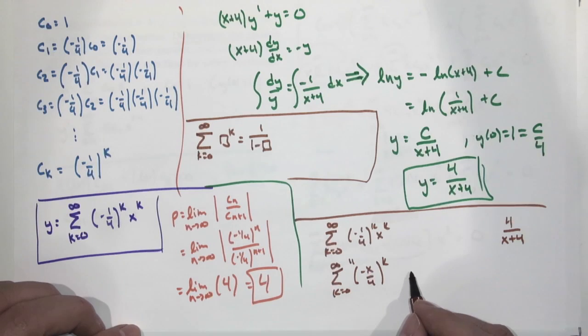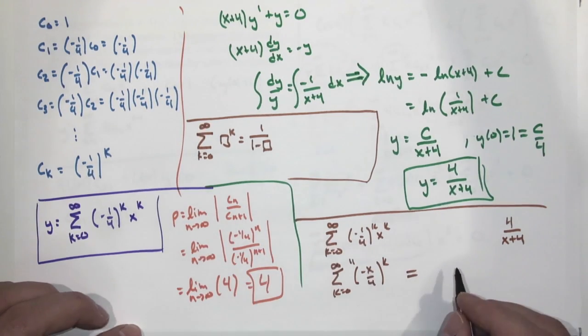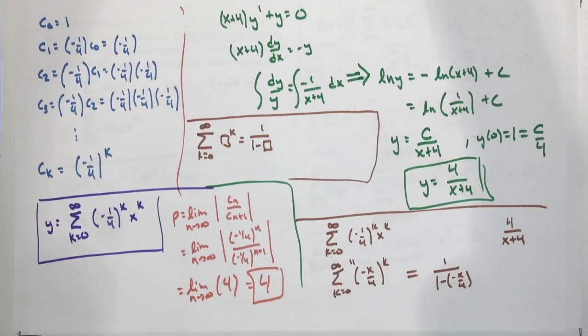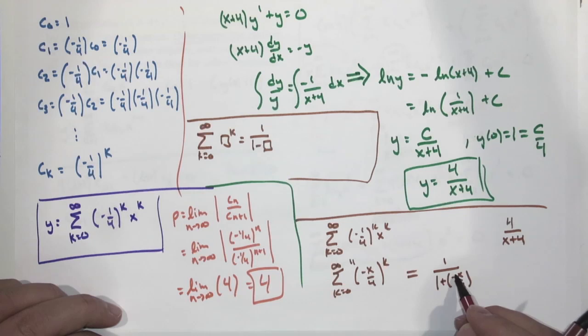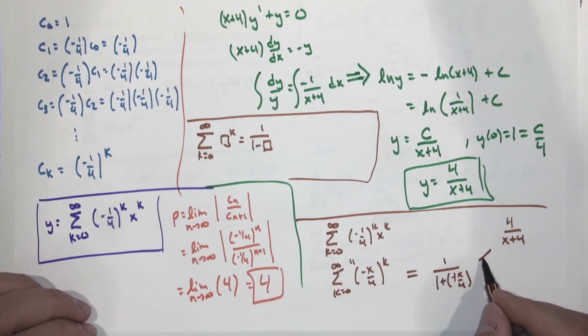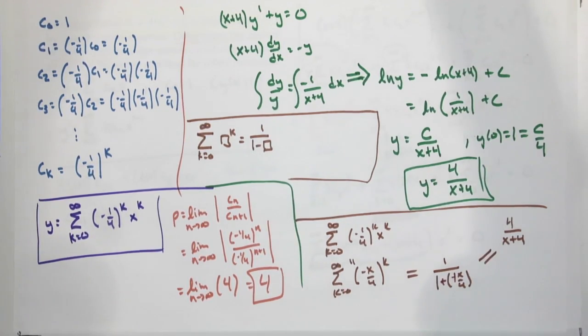So according to our rule here, this is 1 over 1 minus x over 4. What does 1 over 1 minus x over 4 become? Because you can, 2 minuses make a plus, multiply top and bottom by 4, and you get 4 over x plus 4.